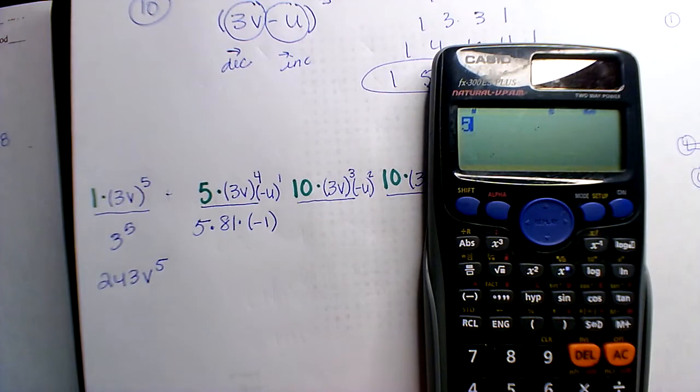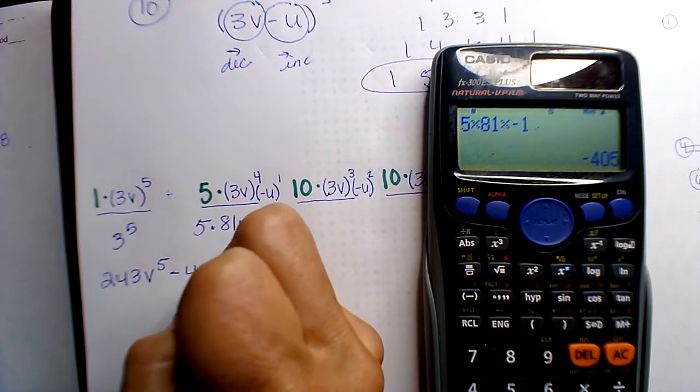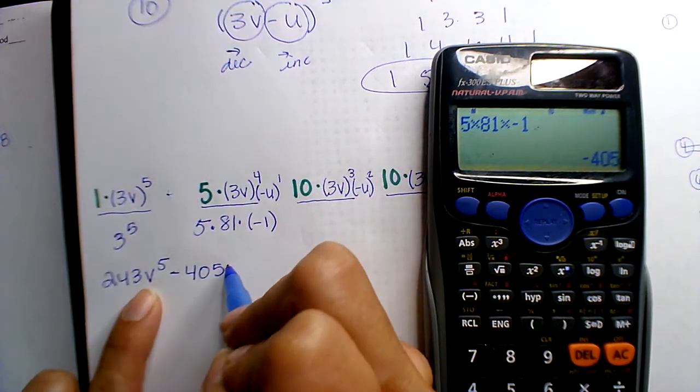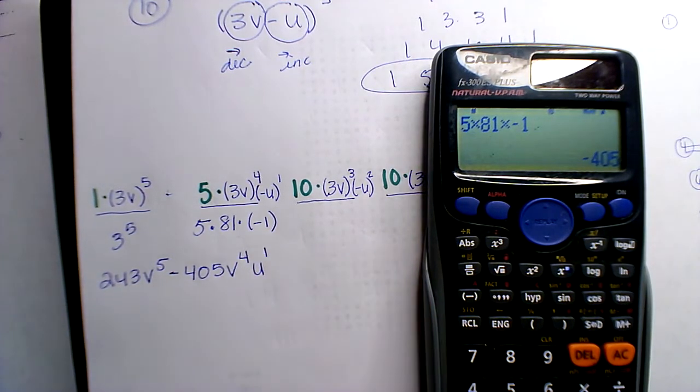So 5 times 81 times negative 1 gives you negative 405. And again, you're going down, v to the 4. You're going up, u to the 1. Do you guys kind of see what we're doing? You have to play with the exponents that it's contained in.